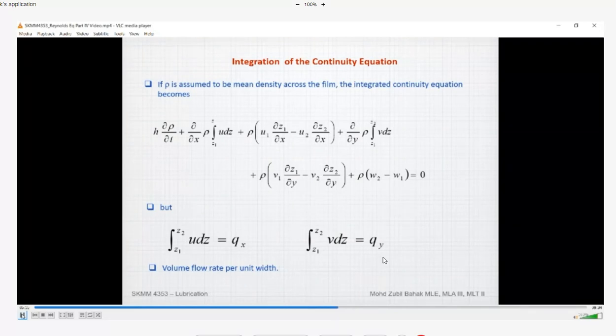If you remember, the integration from z1 to z2 of u dz is equal to qx, and the integration of v dz is equal to qy. In this continuity equation in integral form, we have the term of integration of u dz and the term of integration of v dz. So the volume flow rate per unit width goes into the equation.